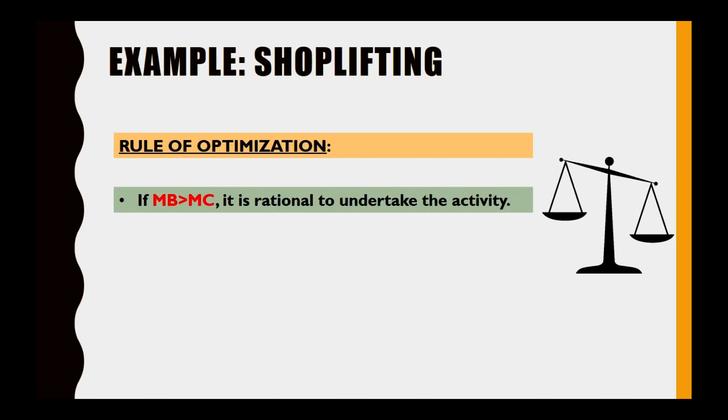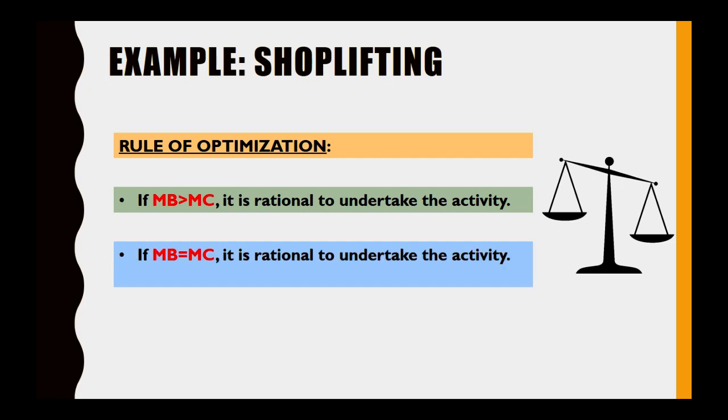It says if marginal benefits are greater than marginal cost, it's rational to undertake an activity. And that makes sense, right? So this would be an example where we save $1,200 in shoplifting, but the guard only costs us $400. Everyone agree? Marginal benefits outweigh marginal costs, and you'd be saying, hey, let's hire that guard.